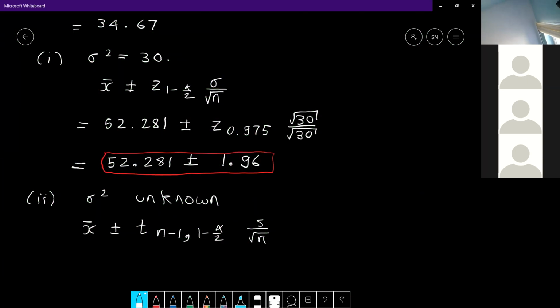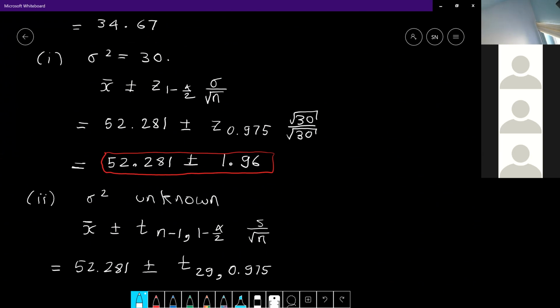All right, this is the formula for the confidence interval for the mean. Once again, x bar is equal to 52.281 plus or minus t with n minus 1, which is 29, and 1 minus alpha by 2, which is 0.975.